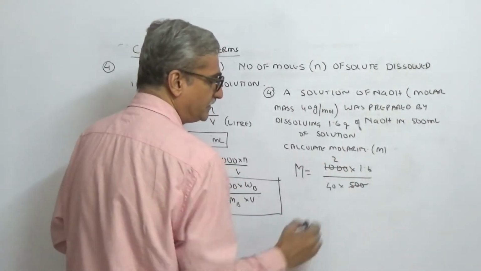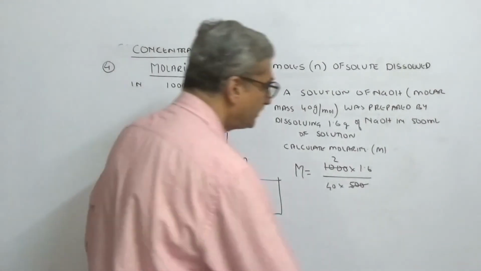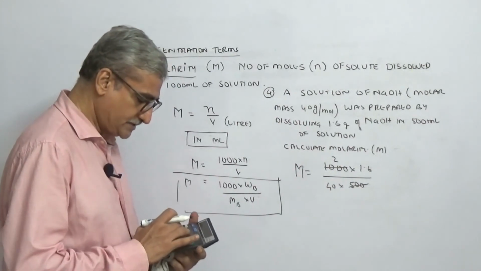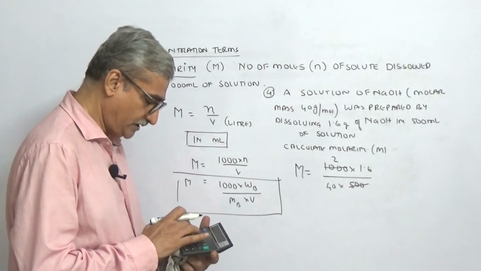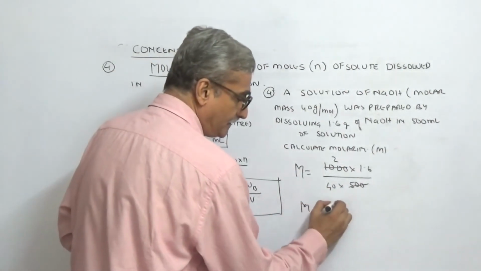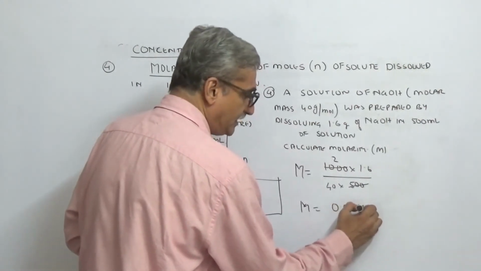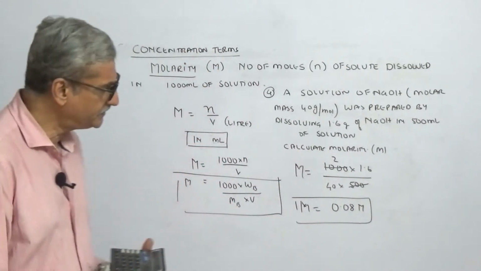So 2s are 12, so we have 1.6 into 2, 3.2 divided by 40. So how much do we get? So this will be 0.08 capital M molar. Is this point clear?